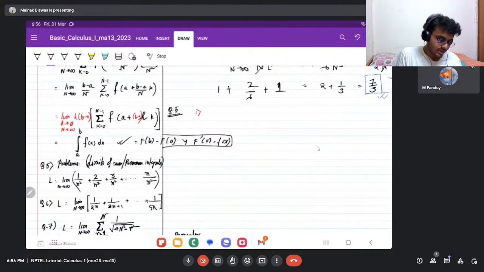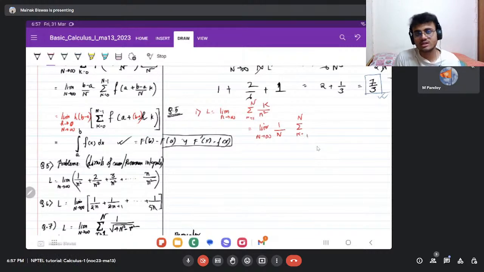Just to warm up, you see, the limit as n tends to infinity of the summation of k by n square can also be written as 1 over n summation of k equal to 1 to n. 0 to n minus 1, 0 to n, 1 to n, everything is the same.